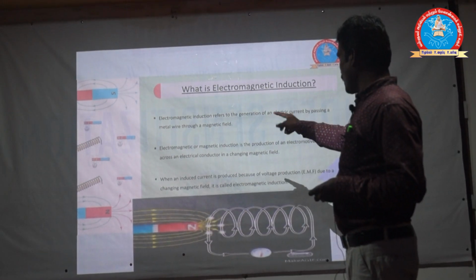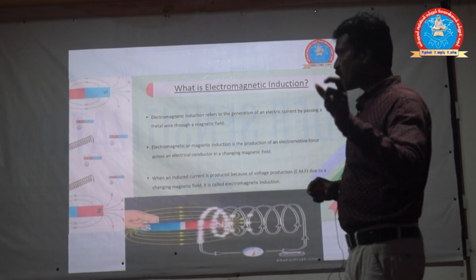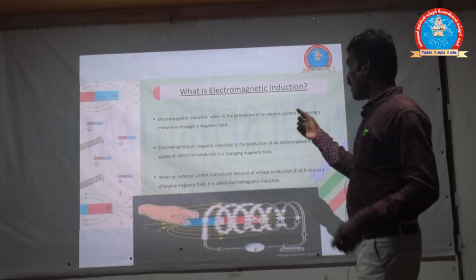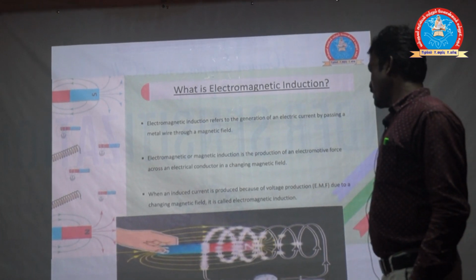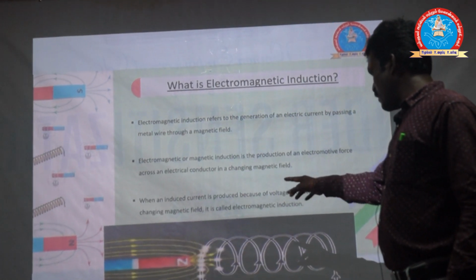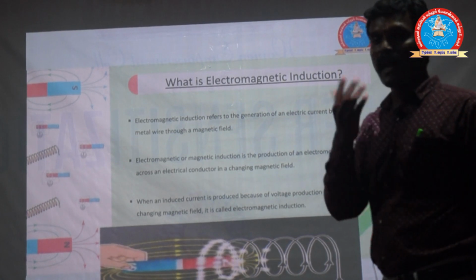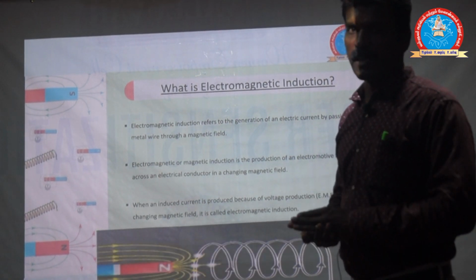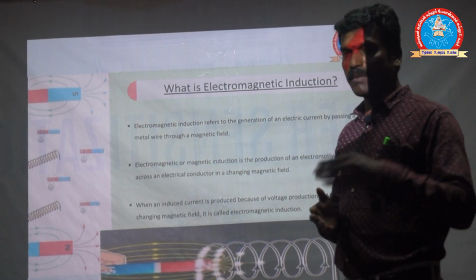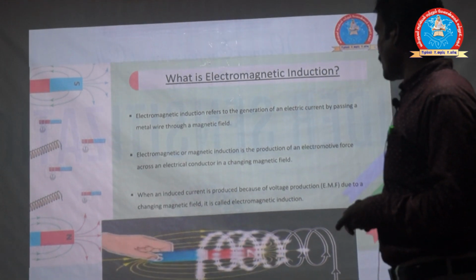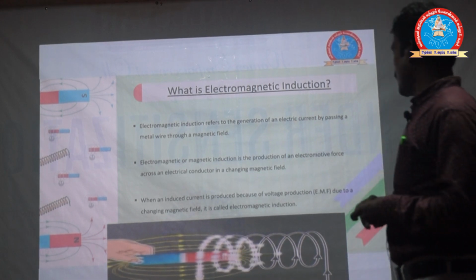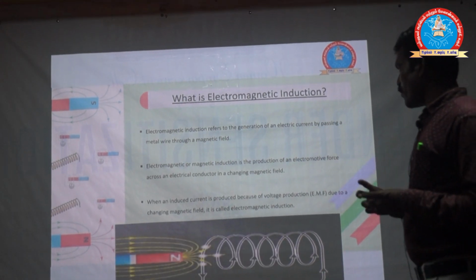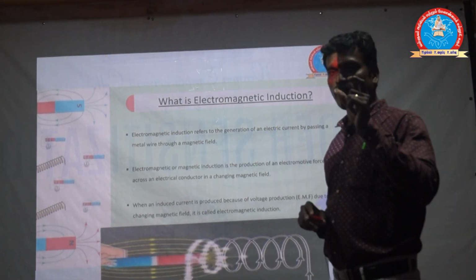Here the magnetic field will change because the magnet will be moving. When an induced current is produced because of voltage production due to the changing magnetic field, it is called electromagnetic induction.